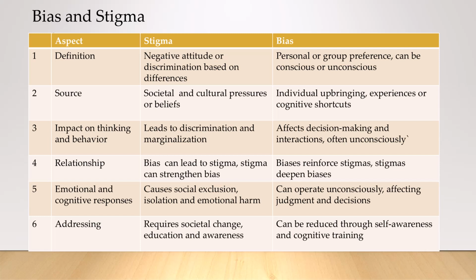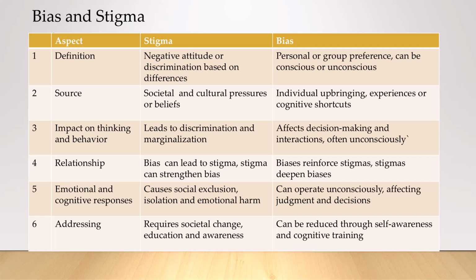Bias refers to personal or group preferences, which can be conscious or unconscious, while stigma involves negative attitudes or discrimination based on differences. Biases stem from individual upbringing, experiences, or cognitive shortcuts, while stigma arises from societal and cultural pressures or beliefs.